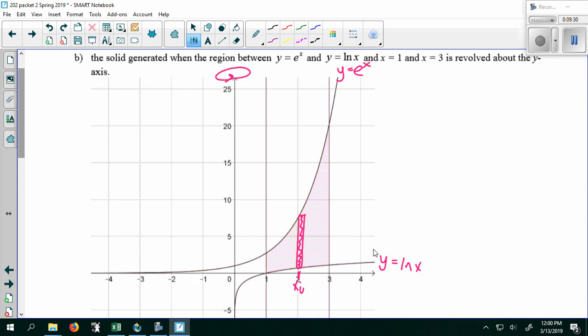I drew it at 2, but it's representing all of the possibilities of where I could have drawn that rectangle, so I'm calling the location x sub i. All right, so then I'm going to draw the reflection of this rectangle on the other side of the axis of revolution. So I get something that looks about like this.